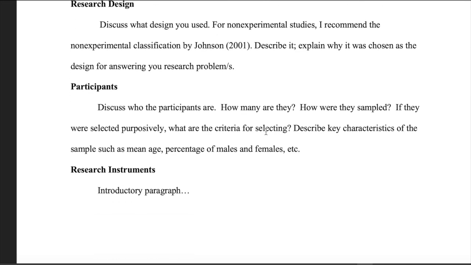And then the participants. So you talk about who the participants are, how many they are, how they were sampled, what the sampling technique is, whether this is convenience sampling. If they were selected purposively, what was the criteria for selecting the sample.